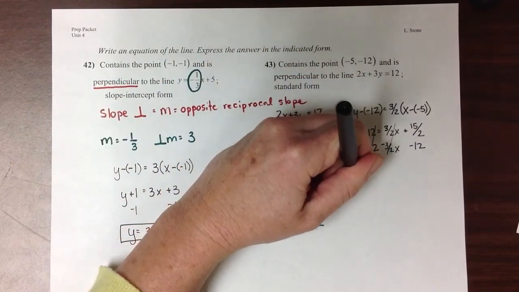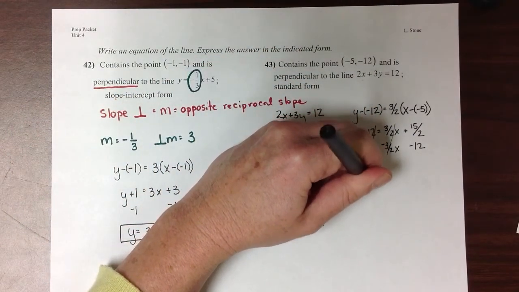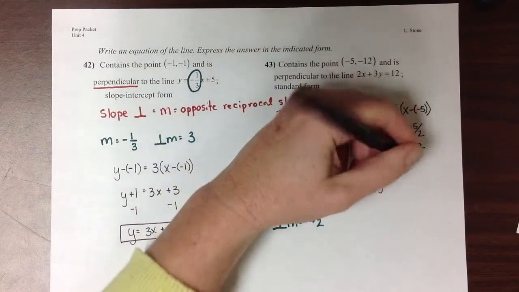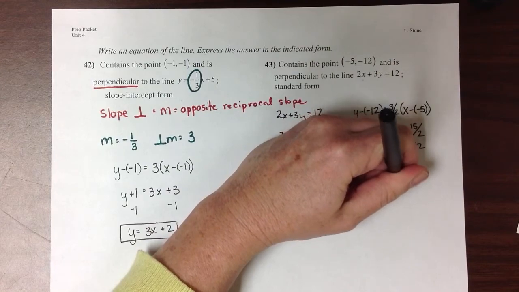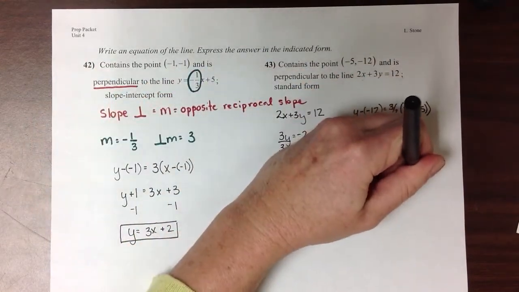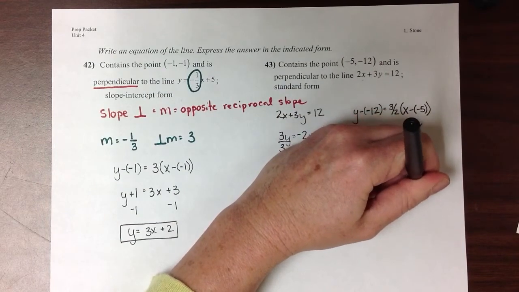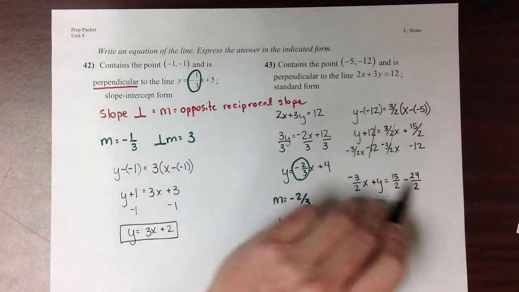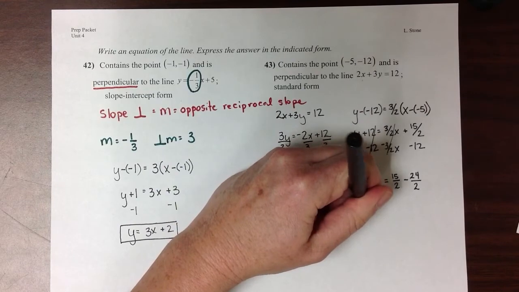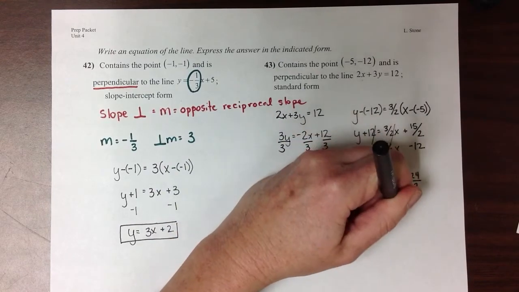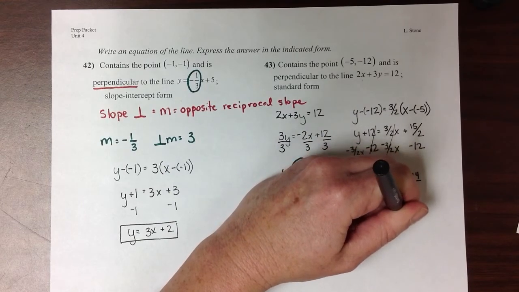That will leave me with negative 3/2 x plus y equals, on this side, my 15/2 minus 12 more. Well, 12 is the same thing as 24/2, so I'll write that one as 24/2. Combining these two terms together, I get negative 3/2 x plus y equals a negative 9/2.